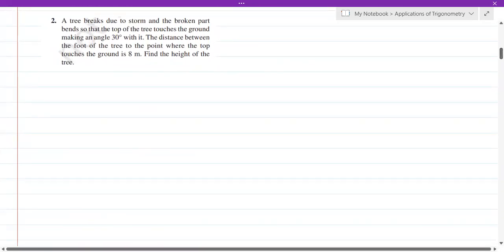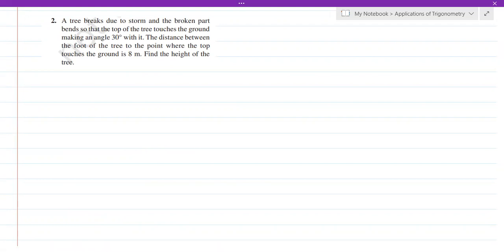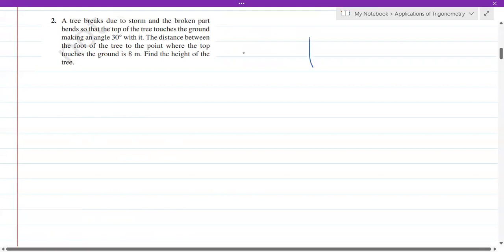In the second question, a tree breaks due to a storm and the broken part bends so that the top of the tree touches the ground, making an angle 30 degree with it. The distance between the foot of the tree to the point where the top touches the ground is 8 meter. Find the height of the tree. Let's say we had a tree like this, randomly let's just draw.